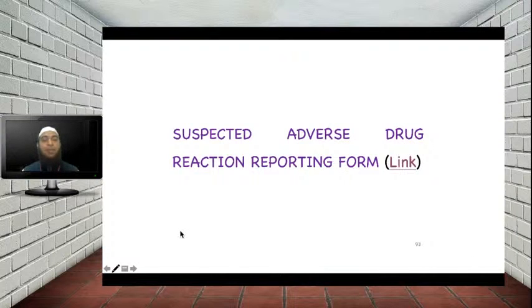These are the different best practices that we can adopt to detect and ensure proper reporting of adverse drug reaction.